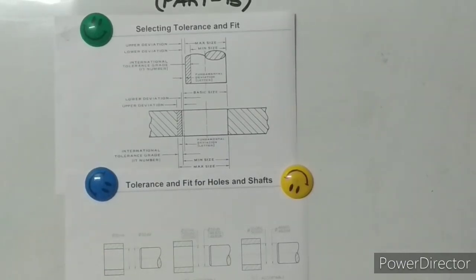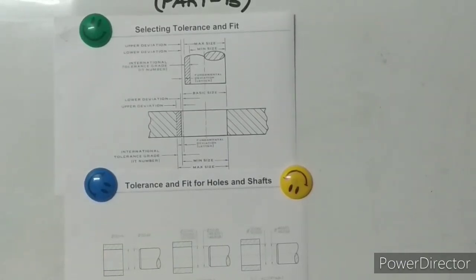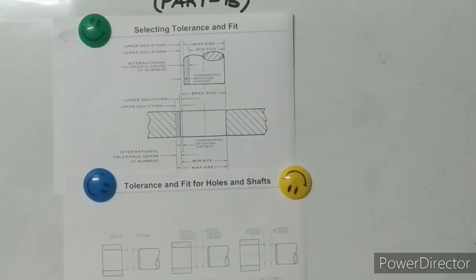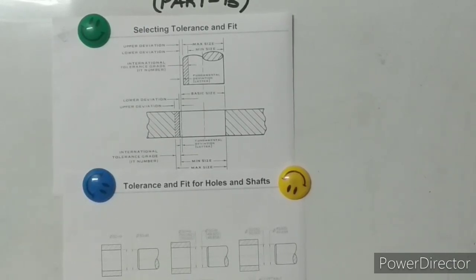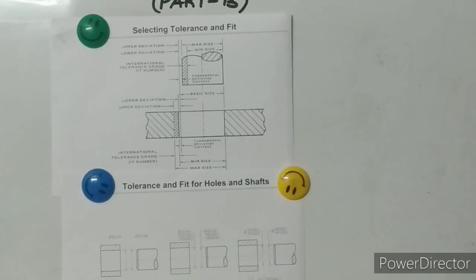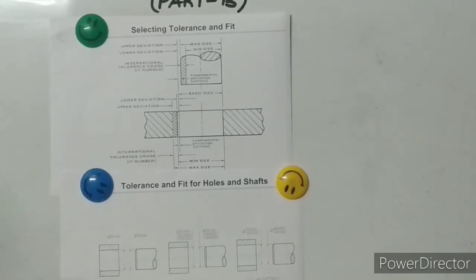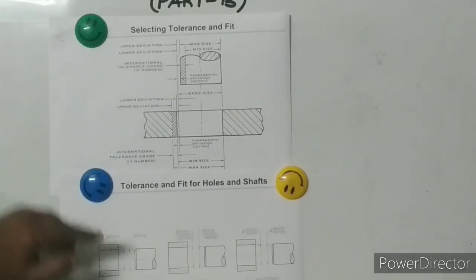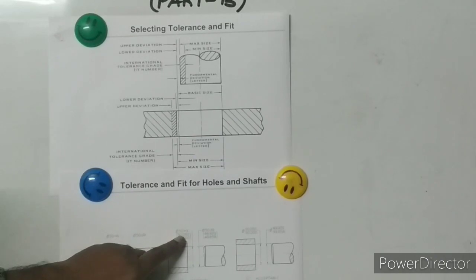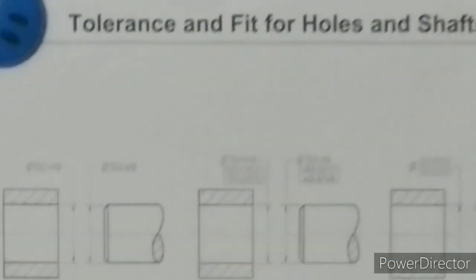Now let us see what is meant by limits, fits and tolerances. The extreme permissible sizes of a part, between which the actual size is contained. That means, the basic size is 50, the extreme permissible size is 50.062. So 50 to 50.062, that range is called the limits.